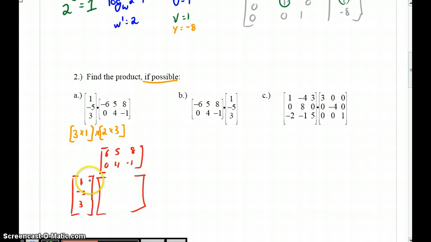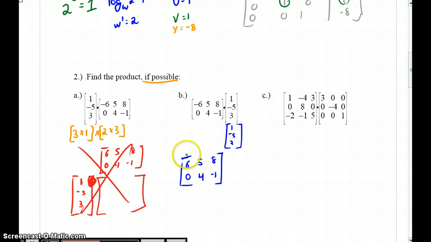The 1 matches with the 6, but I need something right here to multiply with the 0. This one does not work out. In this second one, we've got 6, 5, 8, 0, 4, negative 1, and we're multiplying that with 1, negative 5, and 3.